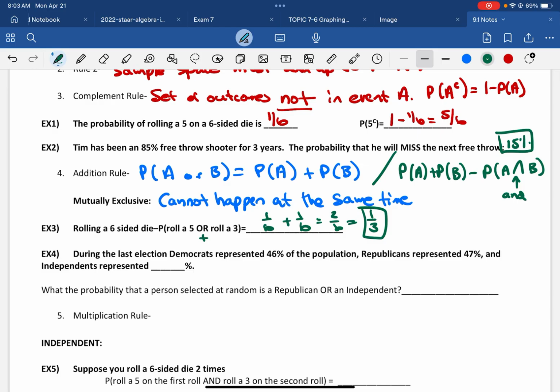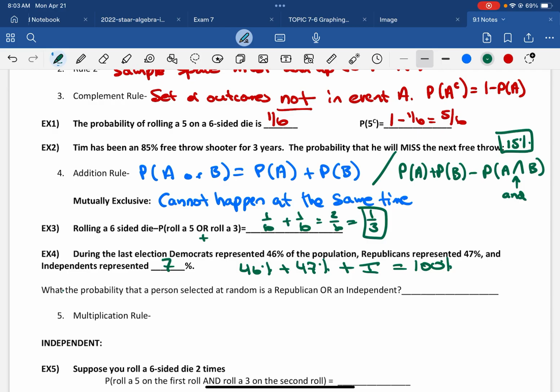Okay, let's look at example 4. It says, during the last election, Democrats represented 46% of the population, Republicans represented 47%, and independents represented, well, 46% plus 47% plus independents has to equal 100%. So it's just some simple arithmetic to get the remaining 7%.